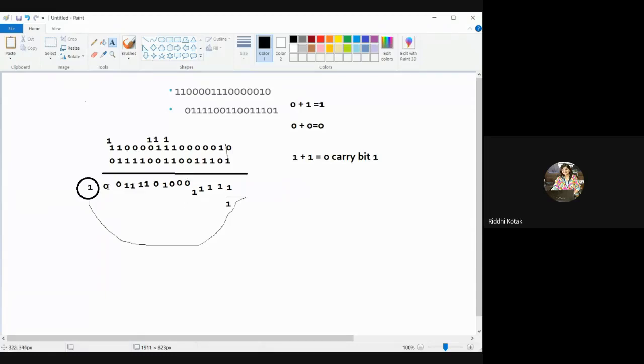Then the remaining bits will be as they are. Just complete it in this way, and at the last step you have to do a complement. This is how I was explaining, and you have to solve this. Just note down this point, and also solve both the examples.